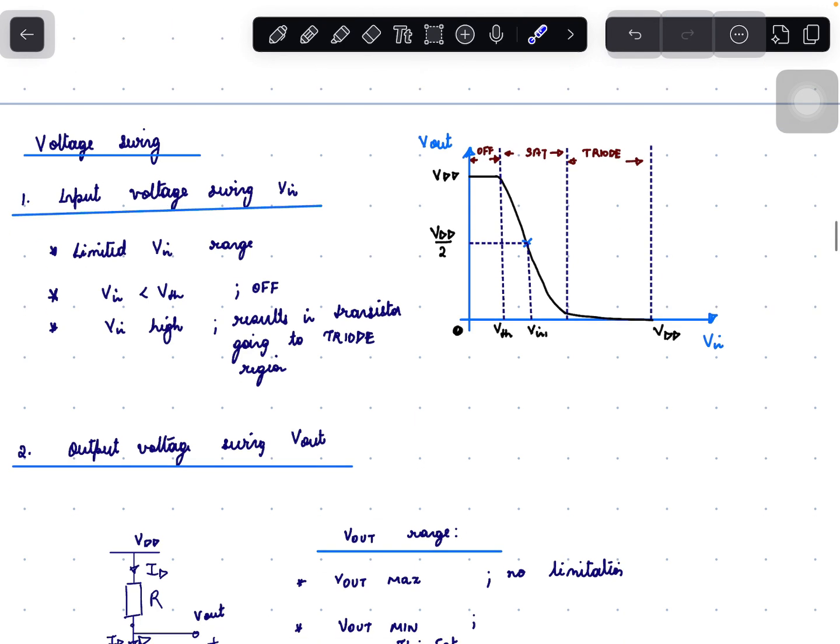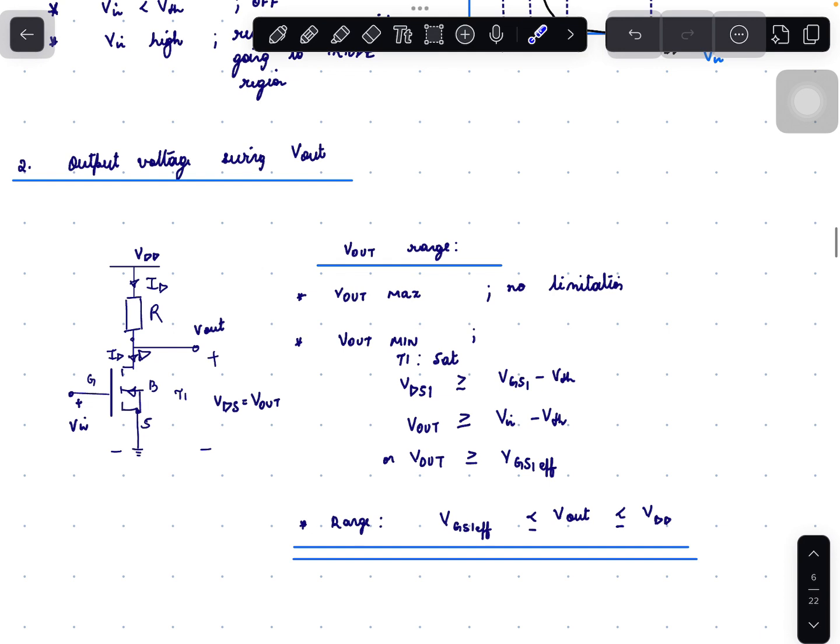The output voltage swing of the common source amplifier here is given by Vout max, which has no limitation. Vout min, that is Vout cannot go to ground. We want the transistor T1 to be in saturation.